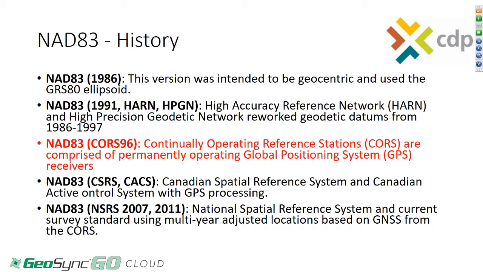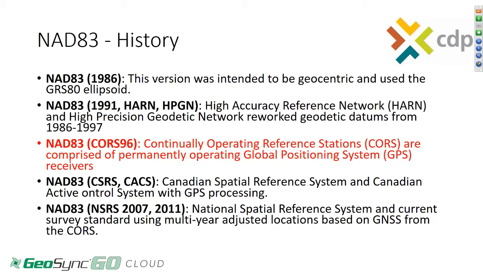And then by the time we get to the mid-90s, which is what they call NAD83 CORS96, in North America we established a whole bunch of continually operating reference stations, which were permanently connected and surveyed in with GPS. And at that point we really established what we would call NAD83 today.